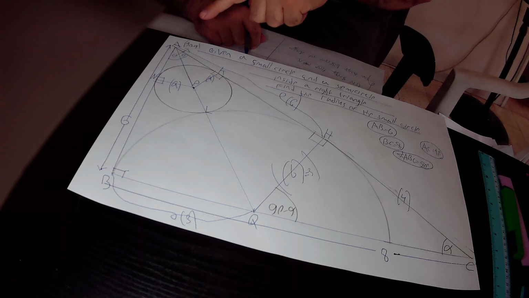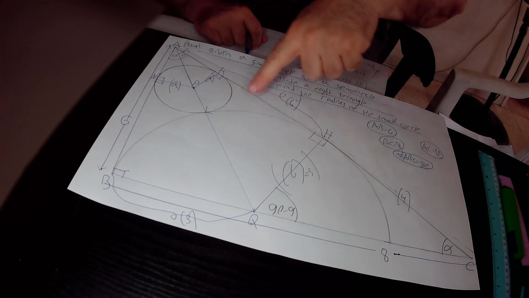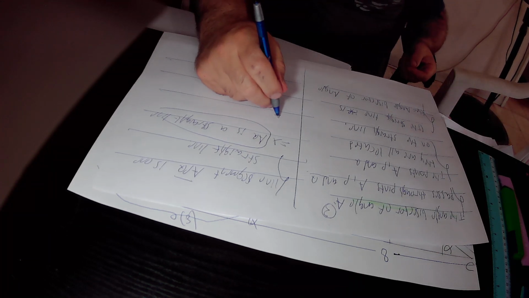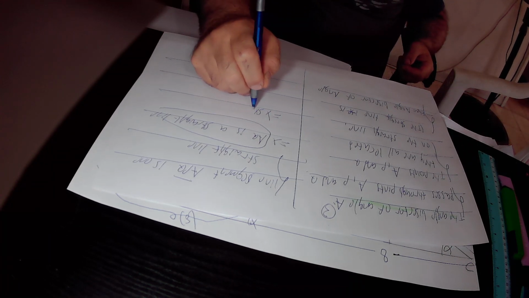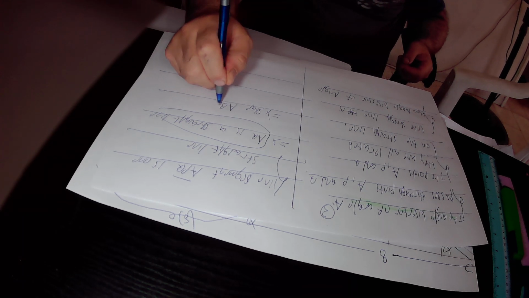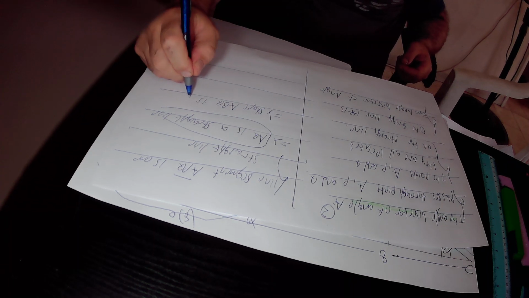And if AQ is a straight line, it means that angle ABQ is a right angle. Again, angle ABQ is a right angle. So I write it down, and conclude from it that angle ABQ is a right angle.